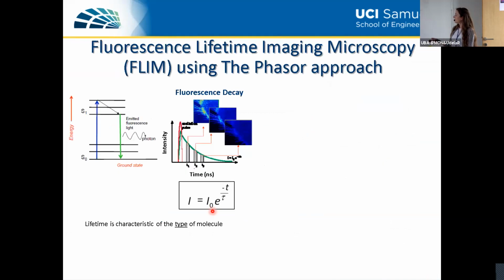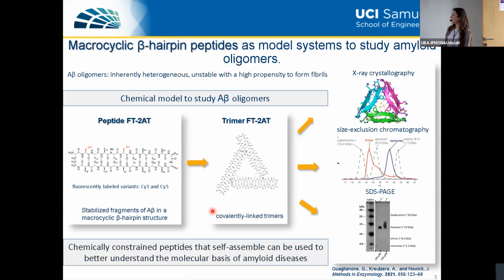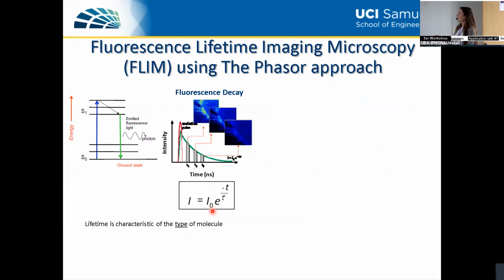So they came to the lab because they wanted to corroborate in vivo that these trimers form these oligomers. For that, we decided to do FLIM FRET. You had awesome talks about FLIM already, and lifetime.